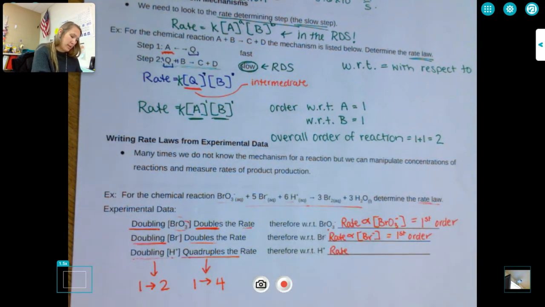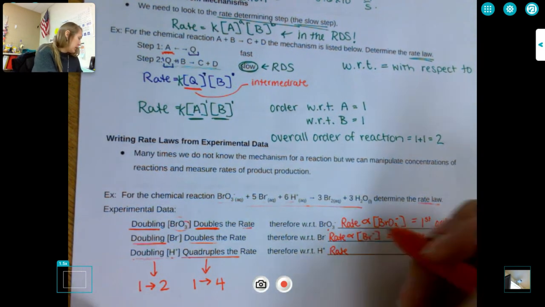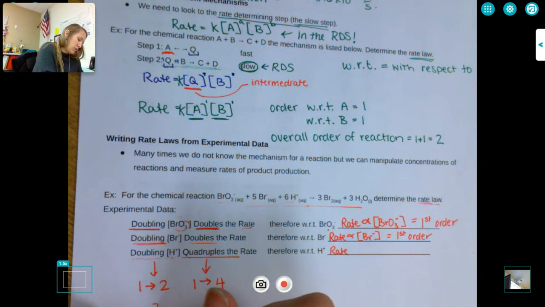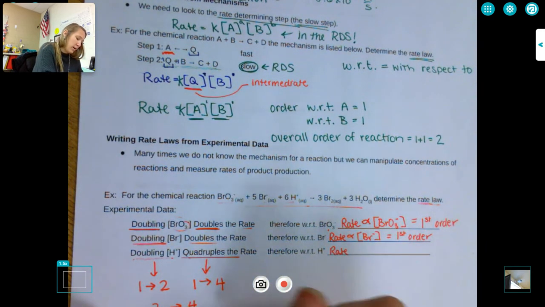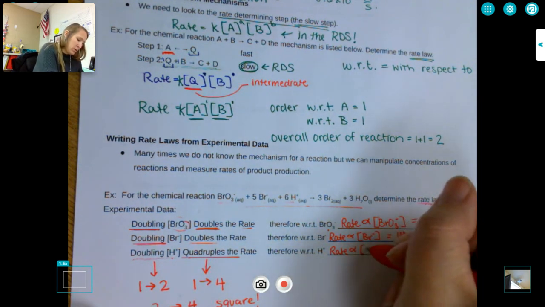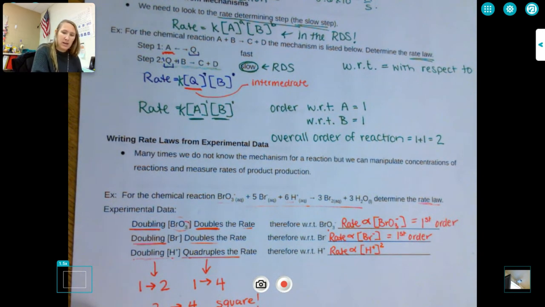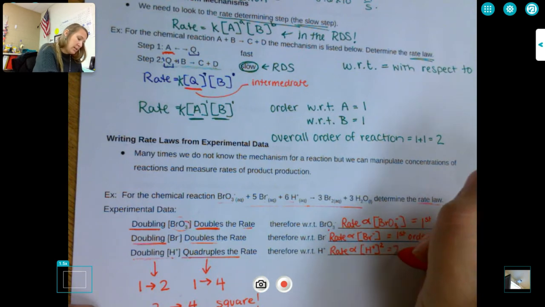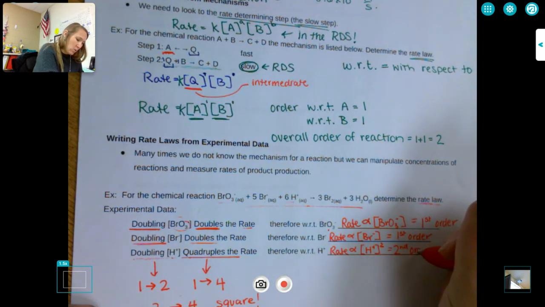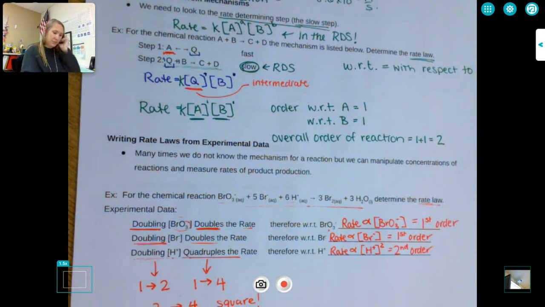It was 4 times the size. So a change from 2 to 4 is a squaring. That means that my rate is proportional to my hydrogen ions squared. So this is a second order reaction.